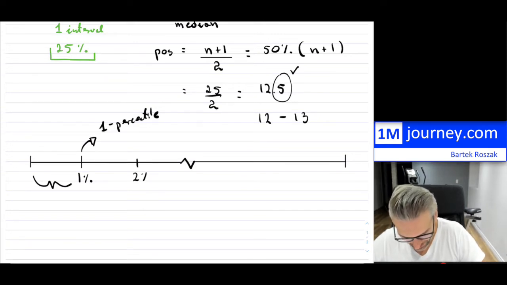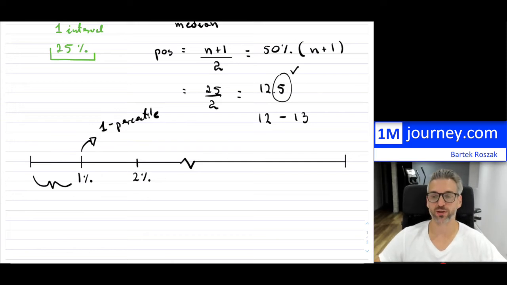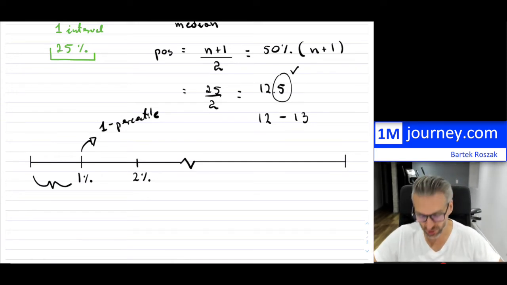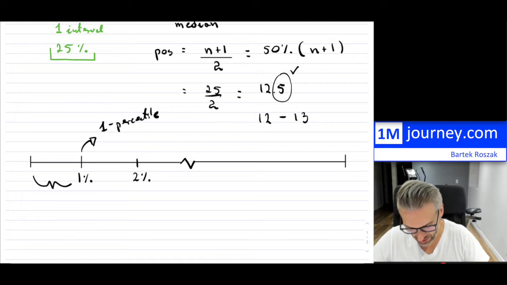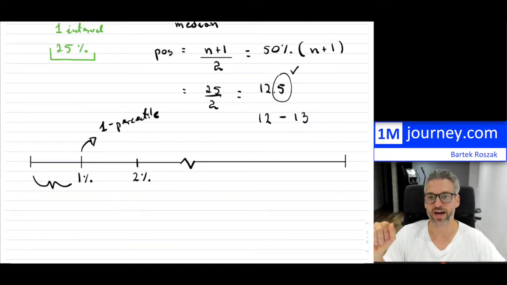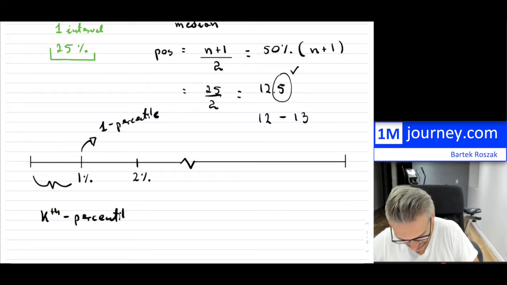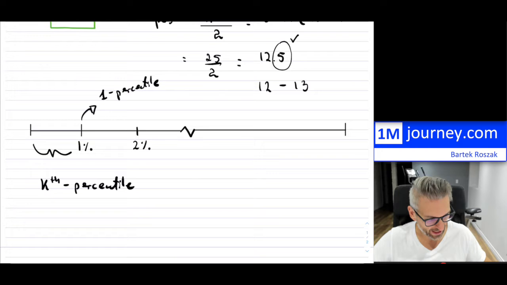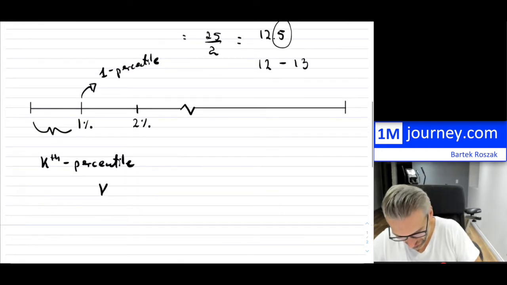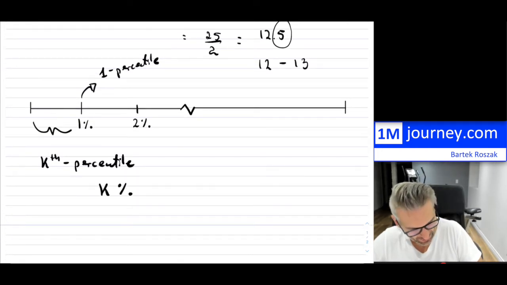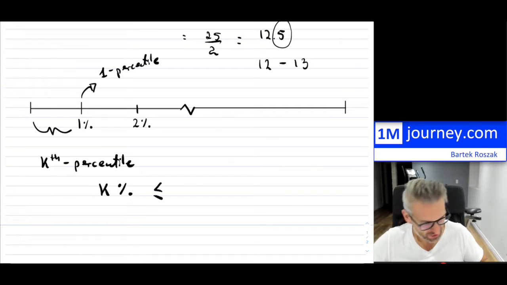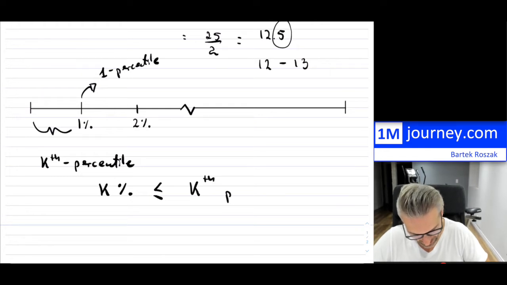So here if you are in your second, so 2 percentile, that 2 percentile again would mean that to the left of it, you have 2% of the data points. To the right of it, you have 98% of the data points. So in general, the kth percentile means that we have k percent less than or equal to the kth percentile.